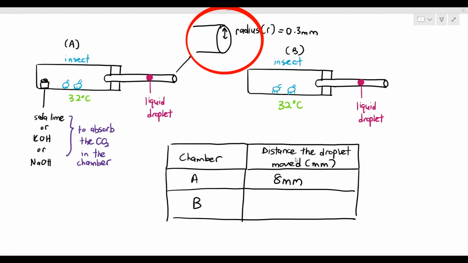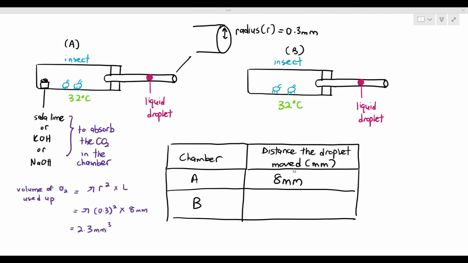The radius will be given in the exam, do not worry. So what is the volume of oxygen used up? The volume of oxygen used up in this case is 2.3 millimeter cube of oxygen.